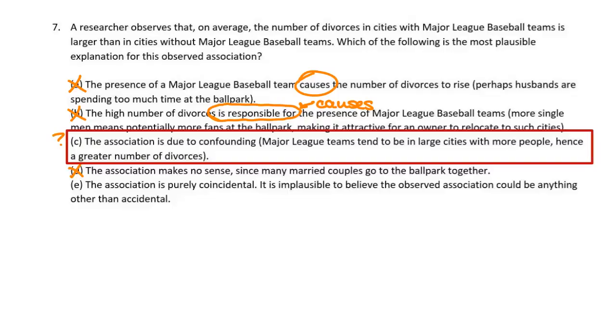We have a bigger city, so just by law of large numbers, we're going to have more divorces here just because there are more people here who could potentially get divorced. The larger city can support the infrastructure that is going to attract and draw these major league teams. So this association that we're seeing here is the result of confounding, not just coincidental. If it was just coincidental, then the size of the city would have nothing to do with whether or not there's a Major League Baseball team.